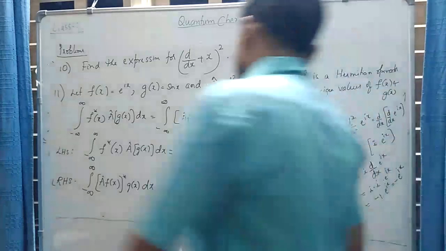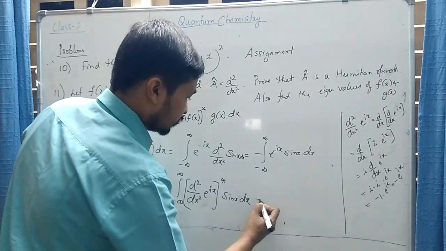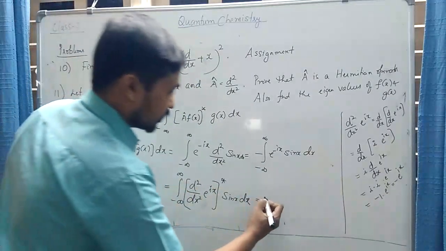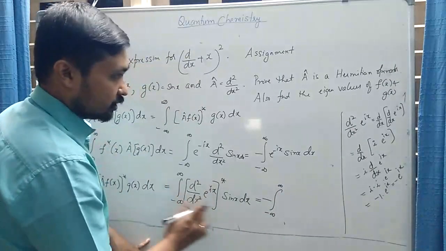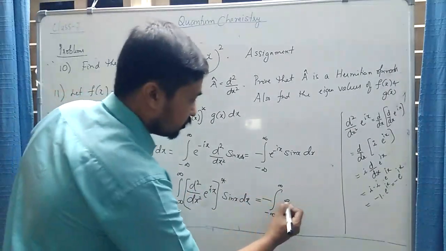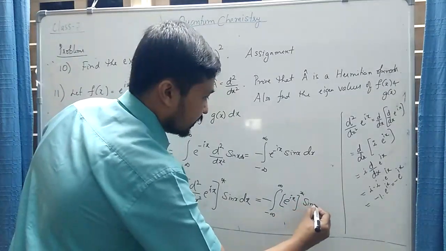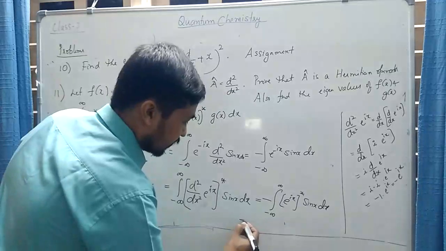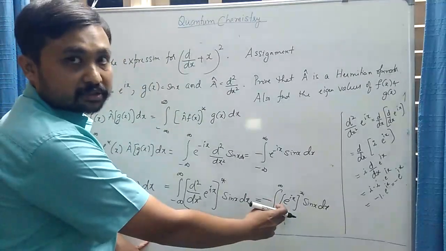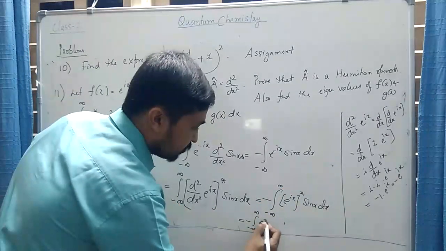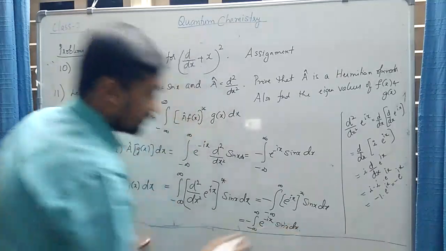So the value of this term is minus e to the power ix. So this is minus, which I will take out of the integration: minus integration from minus infinity to plus infinity of e to the power ix star into sin x into dx, that is equal to minus integration from minus infinity to plus infinity of the complex conjugate of e to the power ix, which is e to the power minus ix, into sin x into dx.